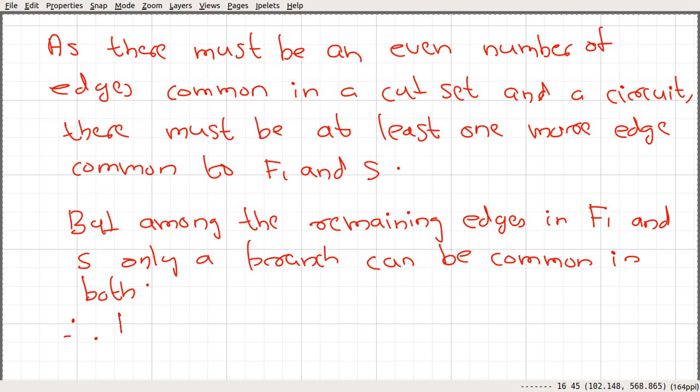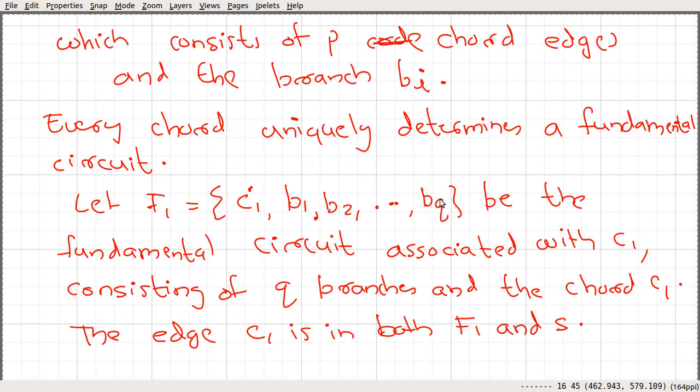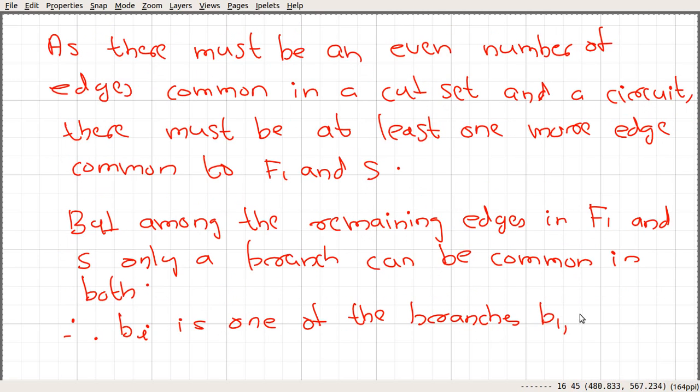So therefore BI must be equal to one of the branches B1 up to BQ. So that says BI is contained in the fundamental circuit F1 corresponding to chord C1 of S.